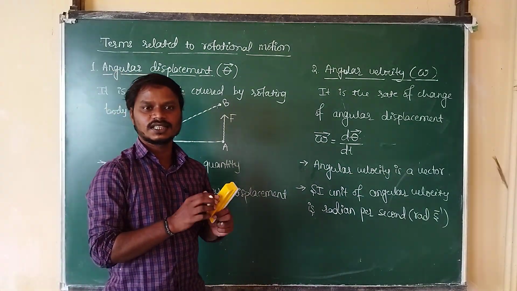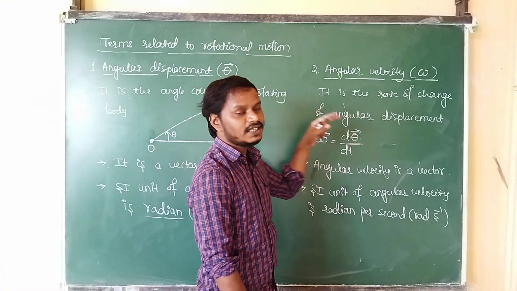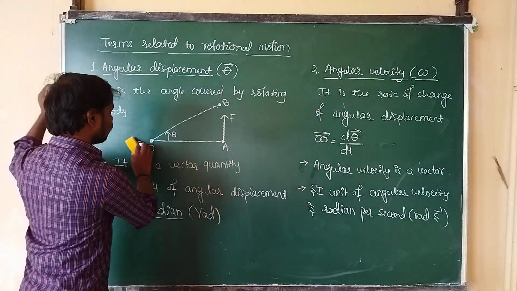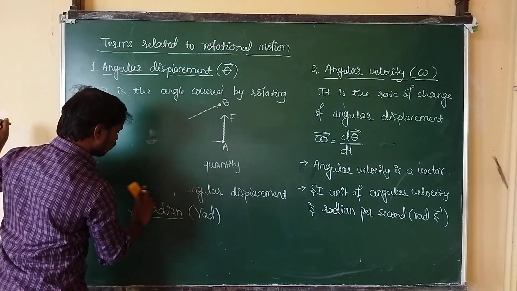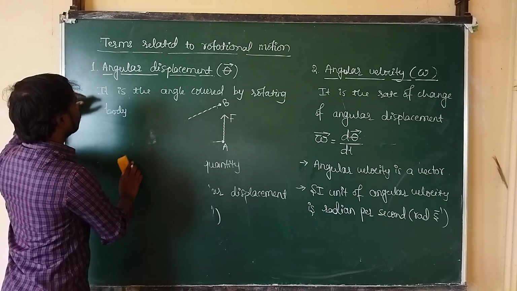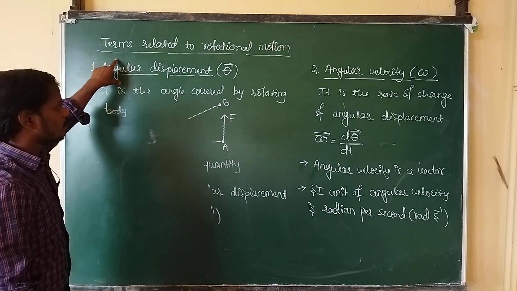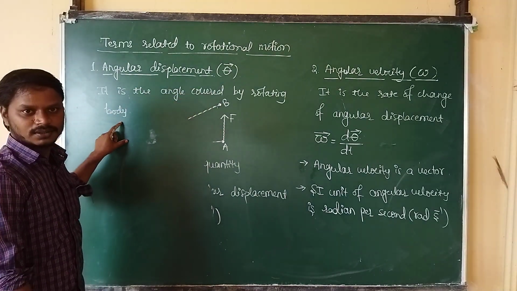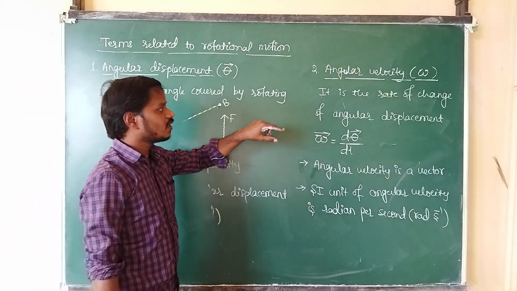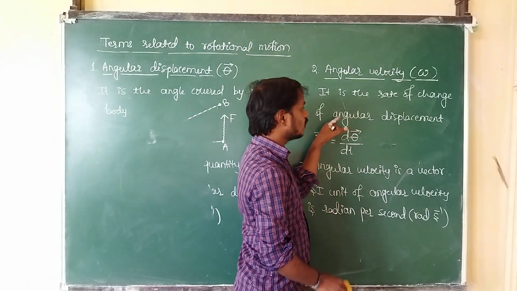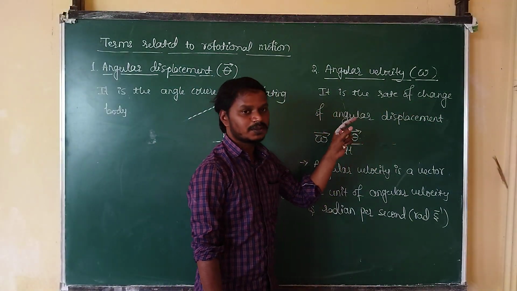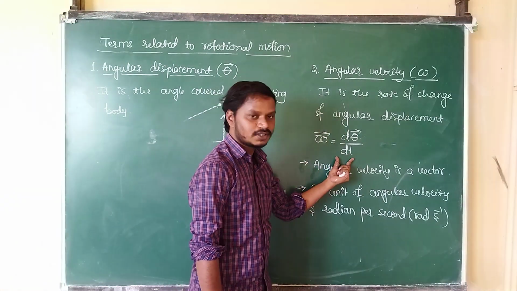Now we are going to derive the relation between linear velocity and angular velocity. Once again, what is angular displacement? It is the angle covered by the rotating body. What do you mean by angular velocity? It is the rate of change of angular displacement, means the change in angular displacement of the rotating body with respect to time.